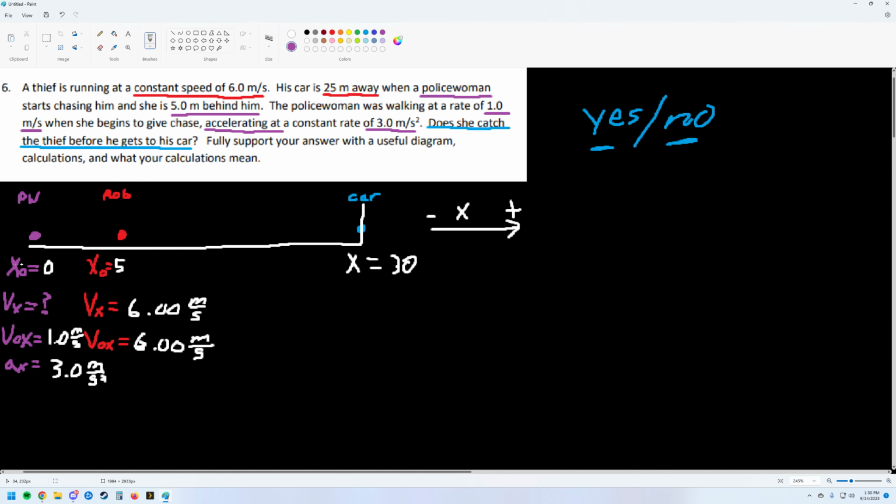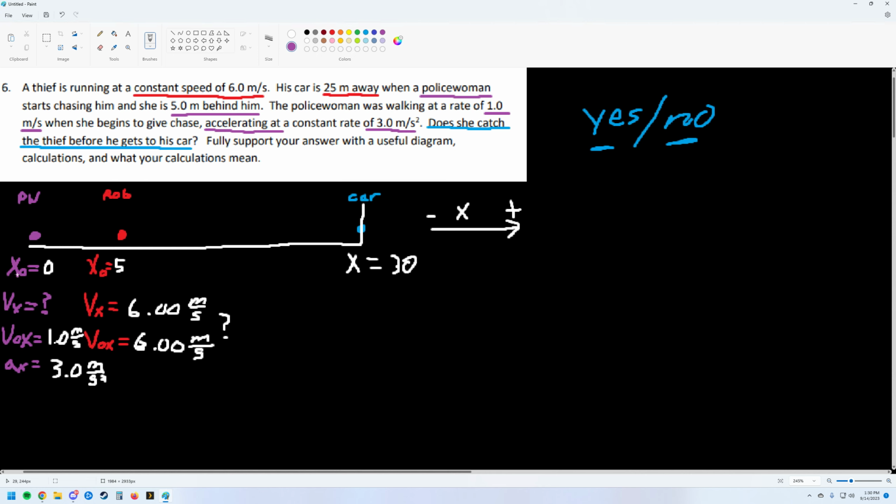So we know both of their initial positions. We know the final position we're trying to find out. Well, we know, but that's what we're measuring. We know the robber or thief has the constant velocity of 6.0 meters per second. I don't know if that's Vx or V0x or if it's both of them, so that's a big question mark.